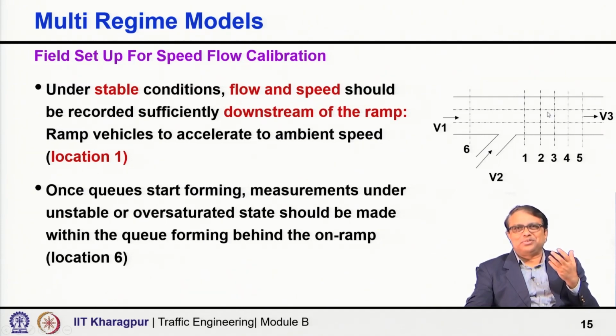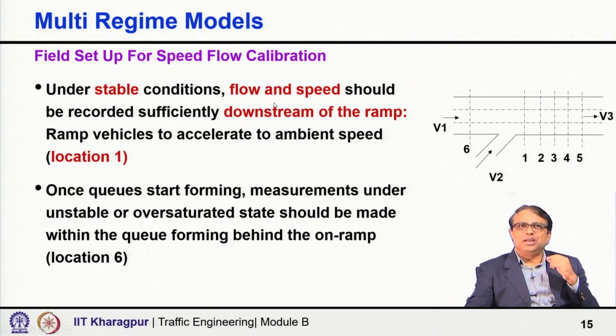As long as they operate on a lower scale, V1 plus V2 is fine, all the demand can pass through, but this is the location where V1 and V2 together may sometimes be higher than the capacity of the downstream section.